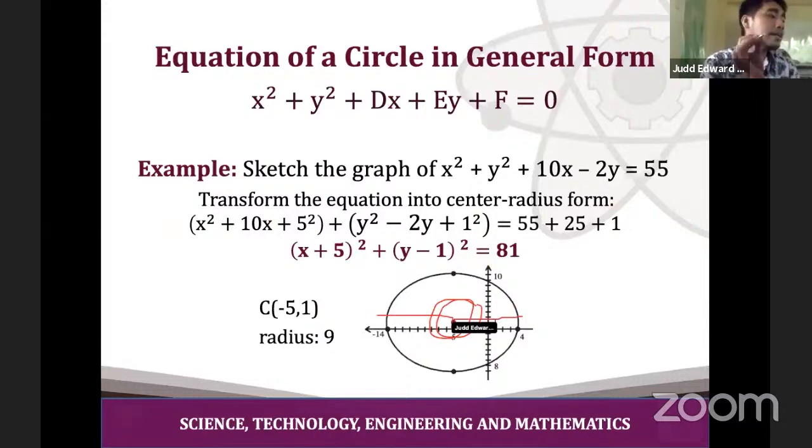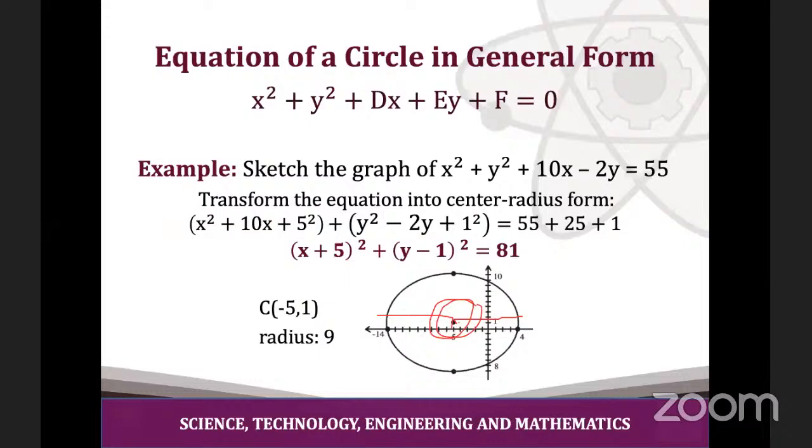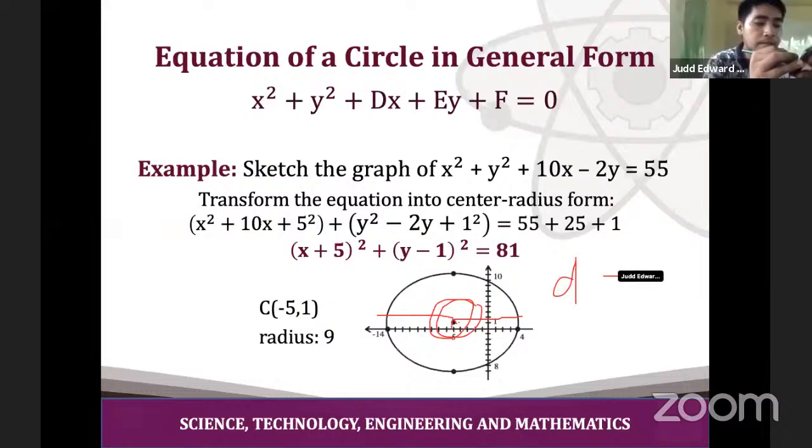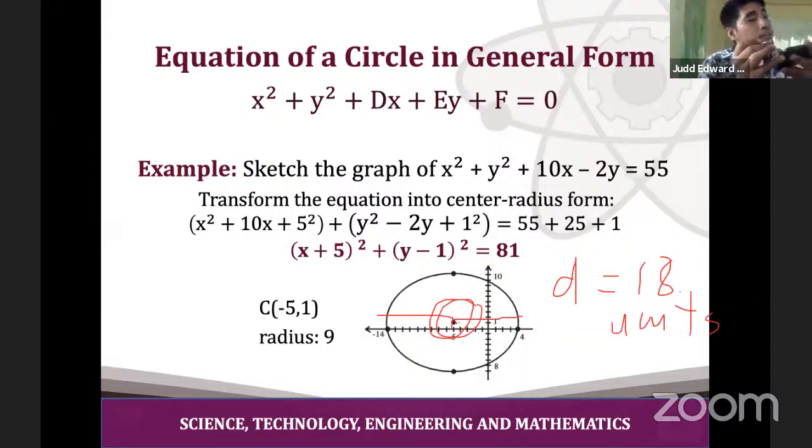How long is the diameter? 18 units. Therefore, the diameter is equal to 18 units. Is this clear? Okay. Therefore, this is now the graph of x squared plus 10x minus 2y is equal to 55.